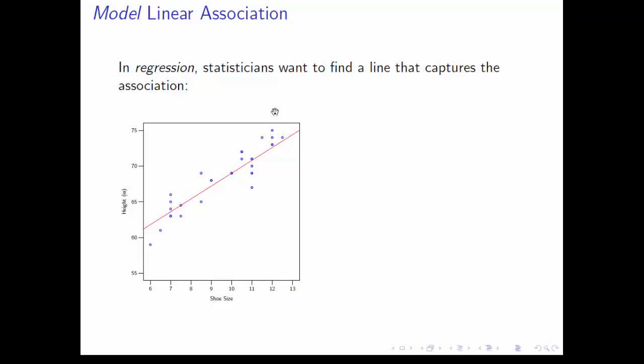And then what? Well, this idea of model means what we'll do is, in some sense, get rid of that line. And by the way, we're going to look at a lot of equations of lines in here. So what I'm demonstrating here is that you'd say, okay, the height is related to the shoe size by taking 51 and adding to that 1.8 times whatever the shoe size was.